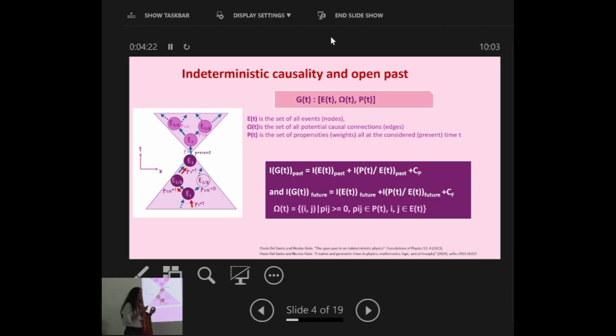For this particular configuration of events, nodes and the connections between them, if you want an informational measure in terms of Kolmogorov quantities, you can write that the information in the past is the information you get from the events, plus the propensities dependent on the events, up to coefficients Cp and Cf.